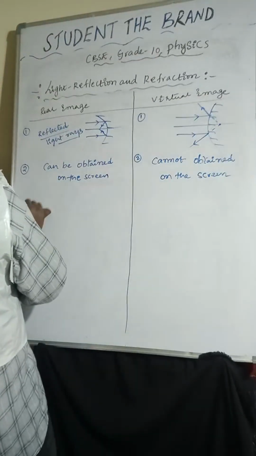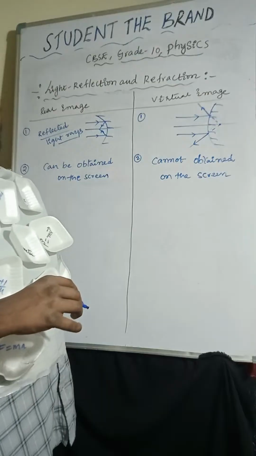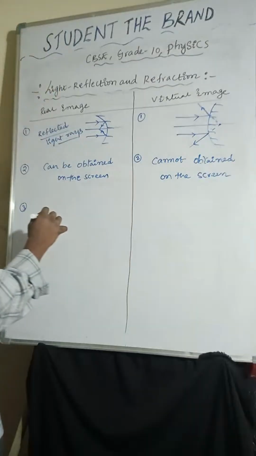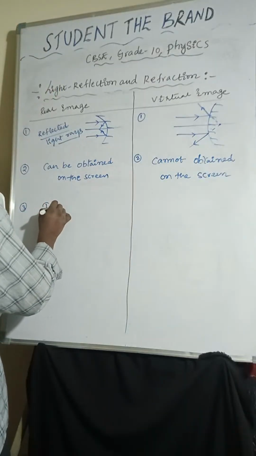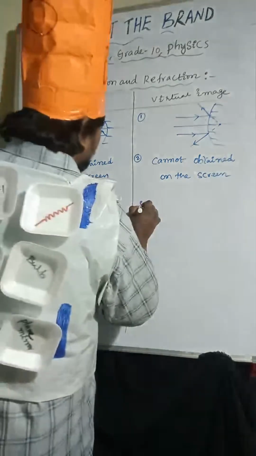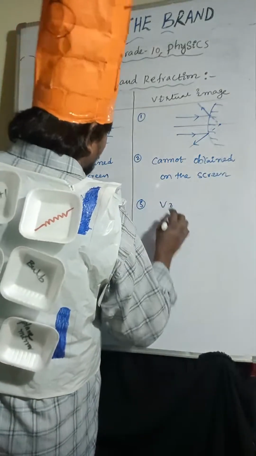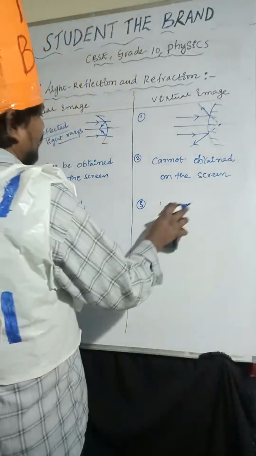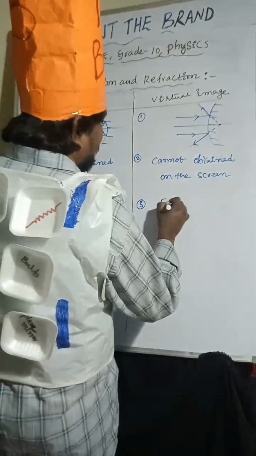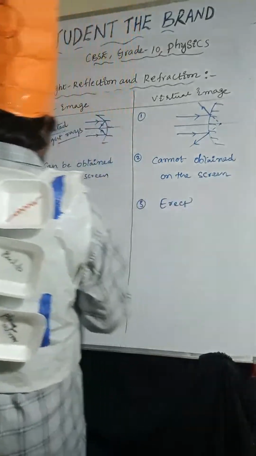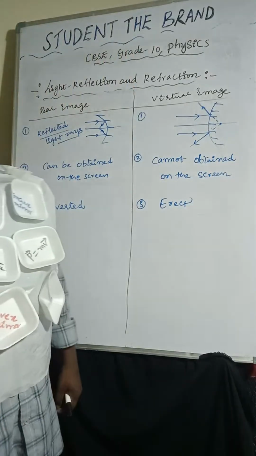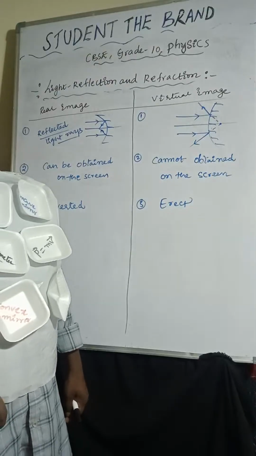And coming to the third one, a real image is always inverted. Coming to a virtual image, always erect. Real image always inverted, virtual image always erect. And coming to the fourth one, what is the fourth one?